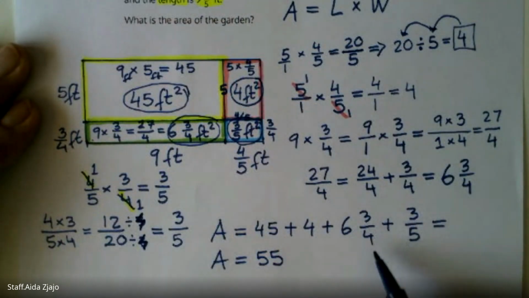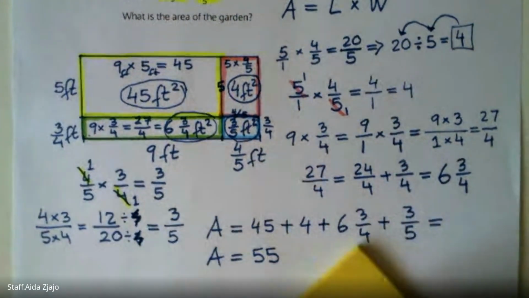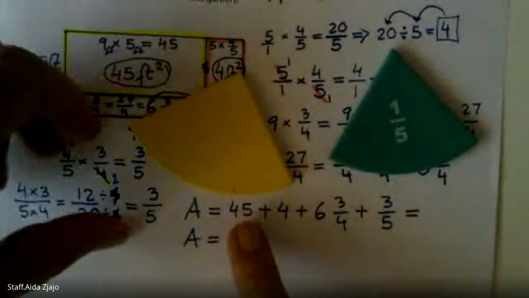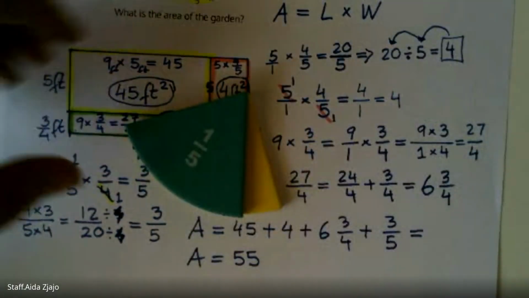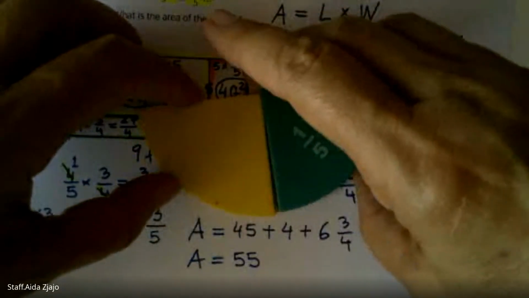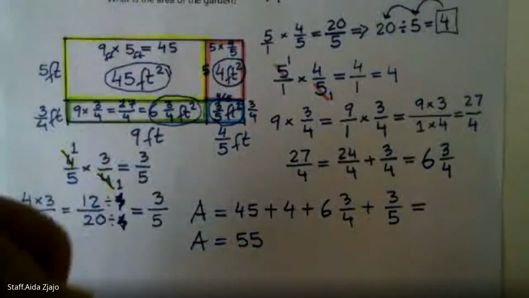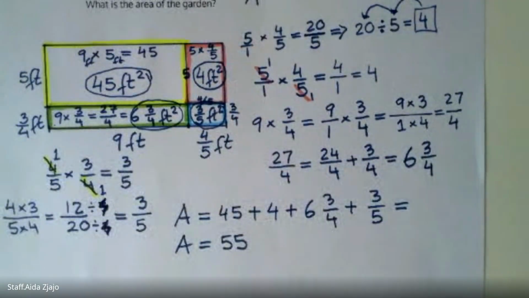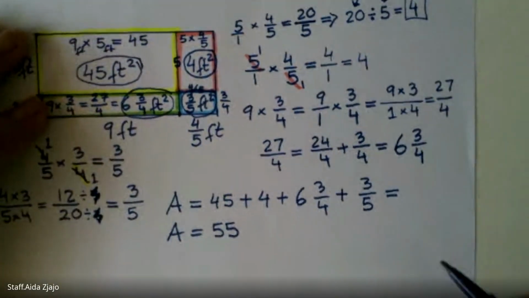And then 3/4 and 3/5: these are fourths and these are fifths. If you look at the fractions, fifths and fourths are not the same size, so you cannot add them. I don't know, is it 2/5 or 2/4? So I have to cut each of these into their least common number.